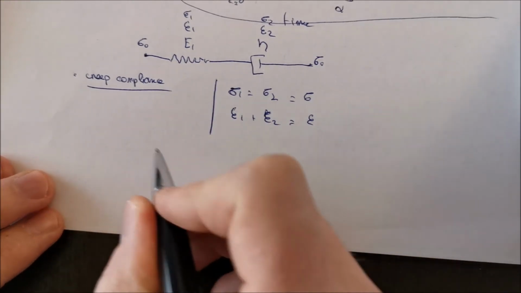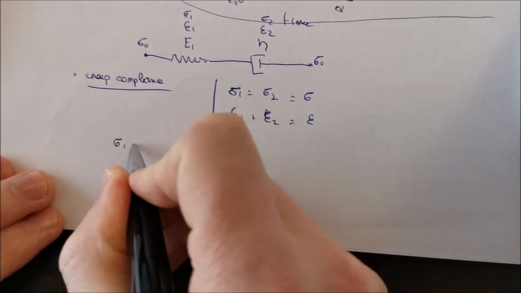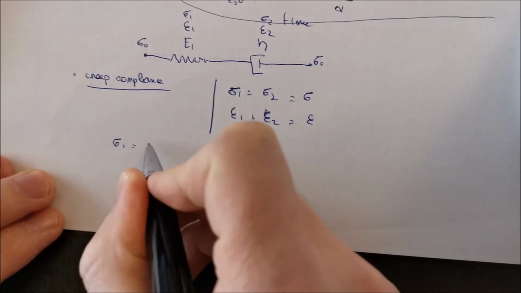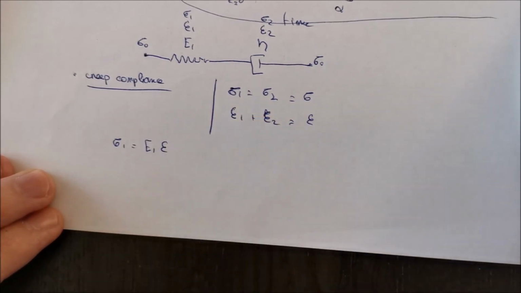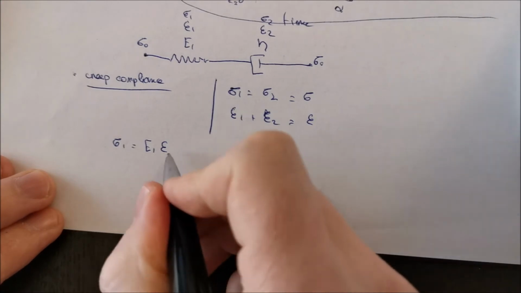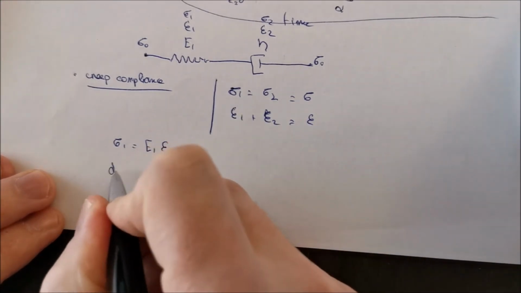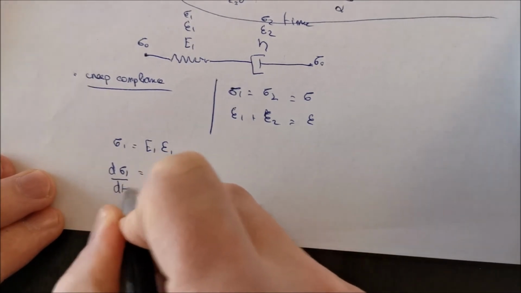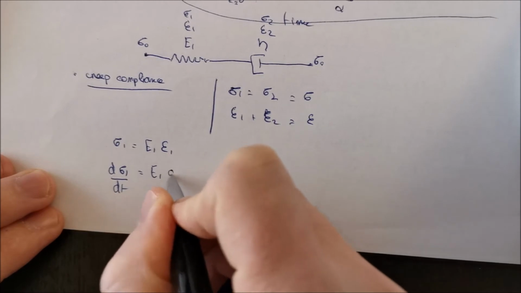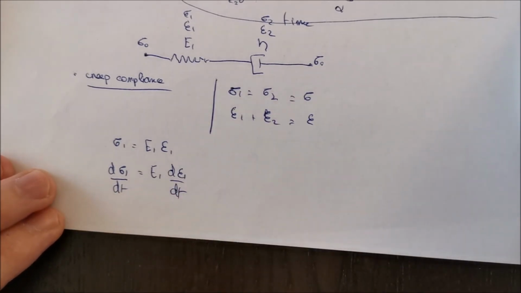Knowing this, first let us derive the system with the spring. For the spring, we know that the stress applied on 1 equals the modulus E1 or G1 times epsilon 1. If we derive this, that holds true.